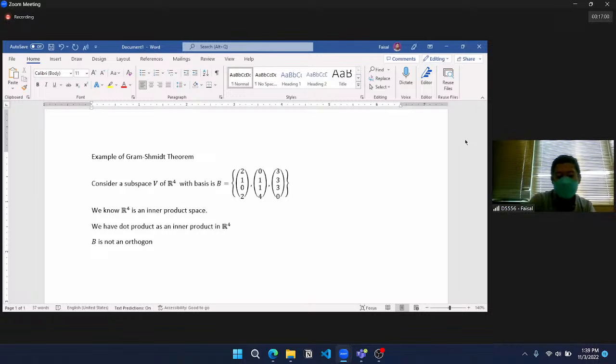B is just a basis, but not an orthogonal basis, because the dot product of the first and second vectors is non-zero.